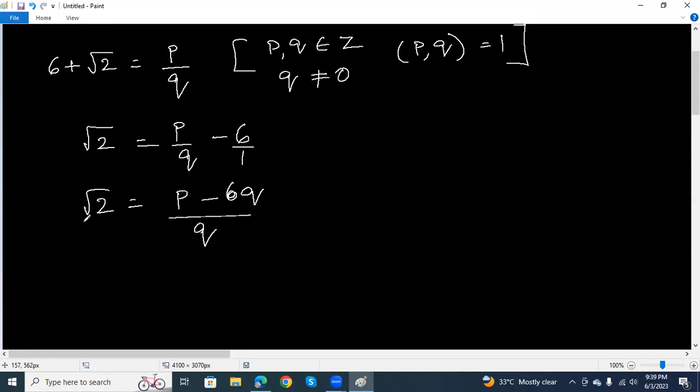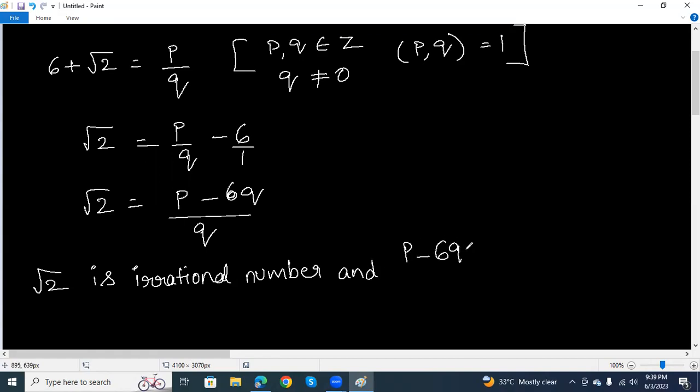And we know that root 2 is an irrational number. So these two can't be equal, right? Root 2 is an irrational number and p minus 6q by q is a rational number. Can they be equal?